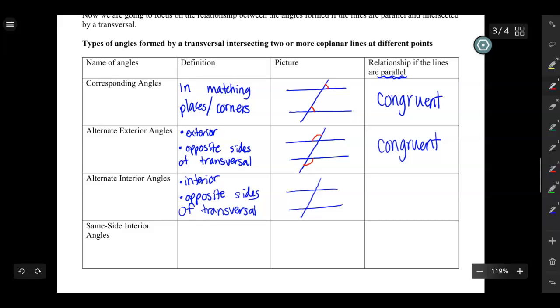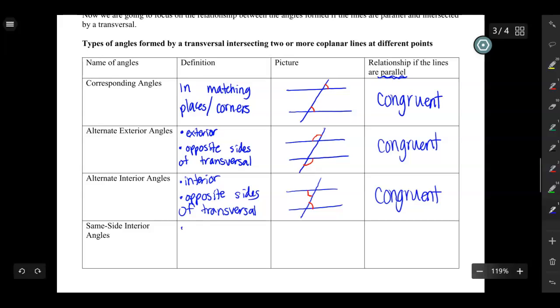Now I'm looking at the interior, so the inside of my parallel lines. Let's say I'm looking at that angle. An alternate interior angle of that angle would be this angle on the bottom right. These look congruent because they are congruent. So both alternate exterior and alternate interior angles are congruent.